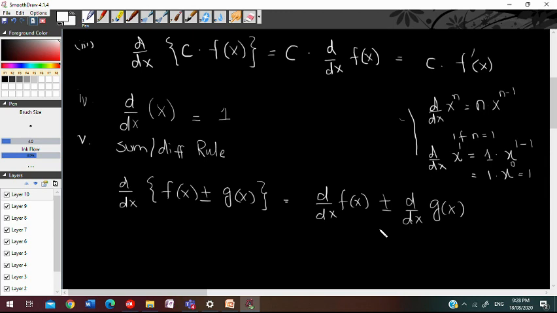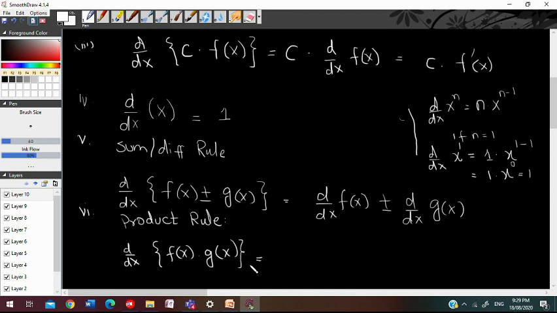Then product rule. Product rule, when d by dx of f of x into g of x.